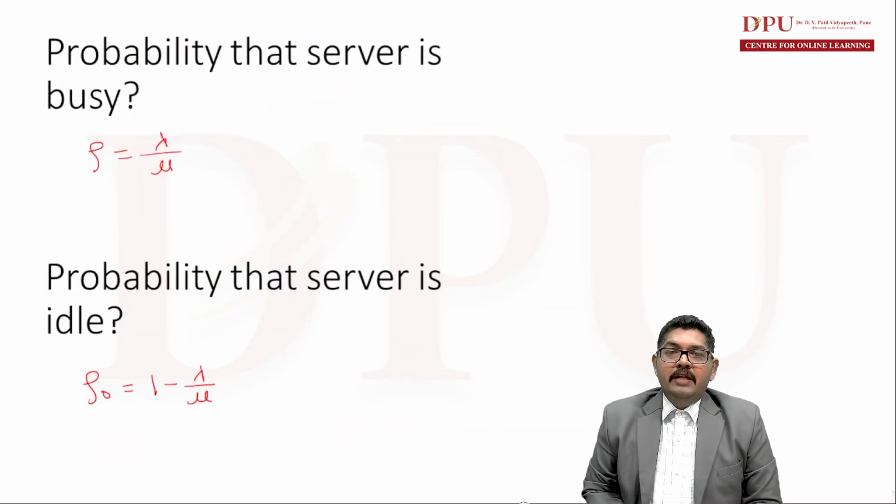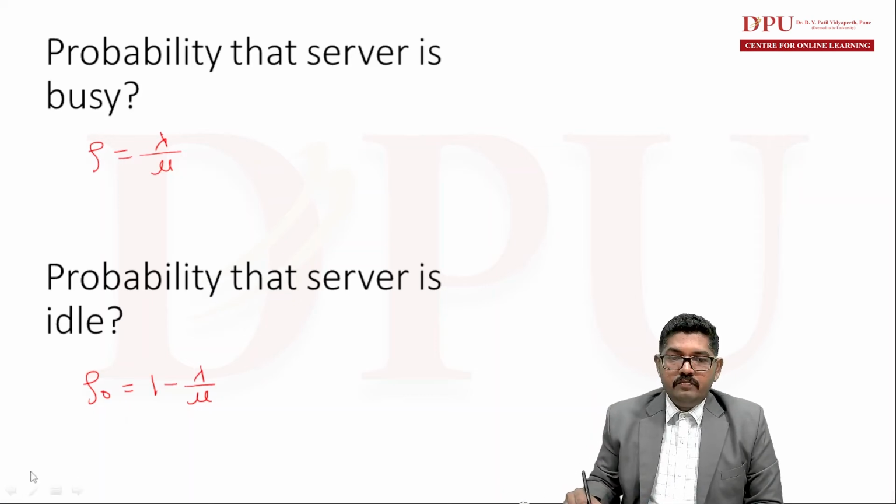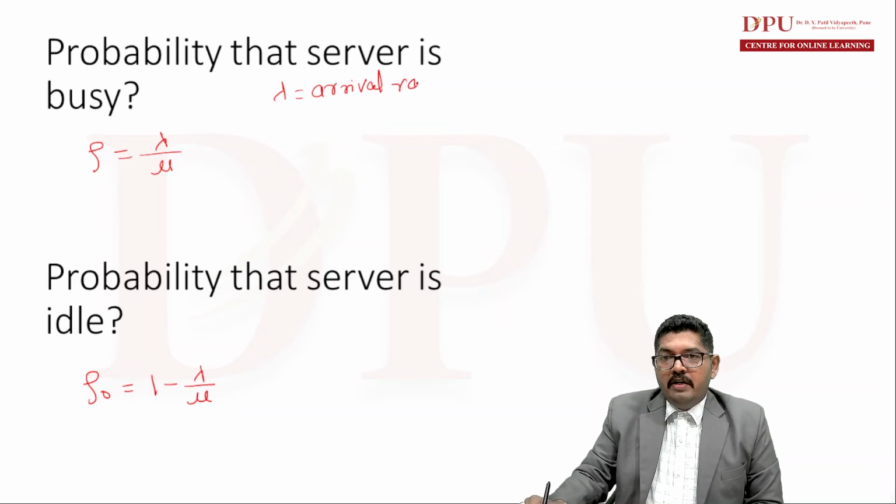So the probability that the server is busy is given by lambda upon mu, and we have already discussed that lambda is the arrival rate and mu is the service rate.